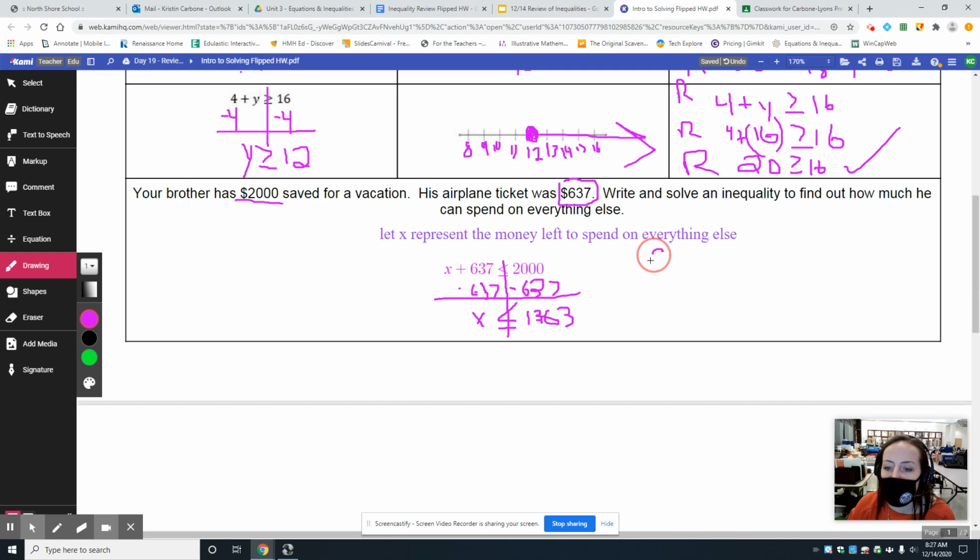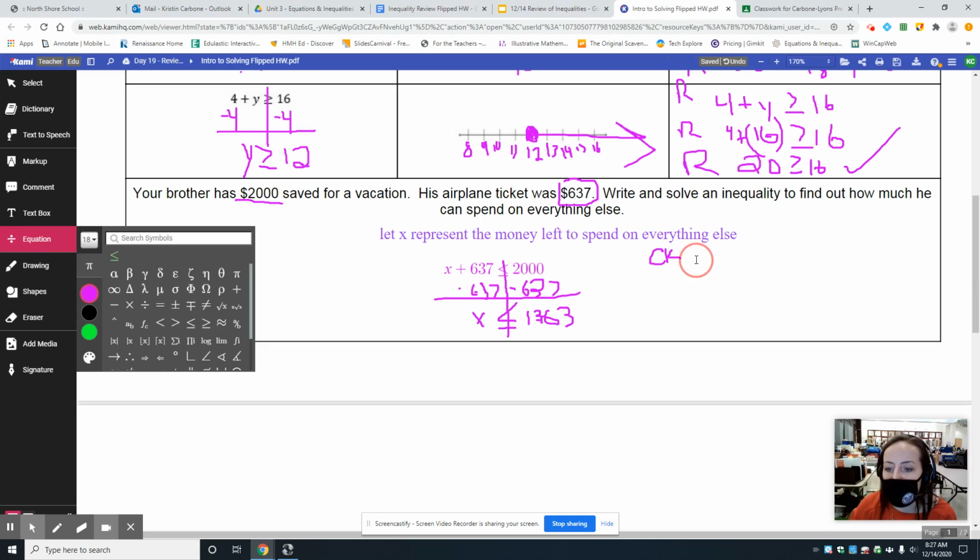So here we are, we're going to do a check. First we rewrite x plus 637 is less than or equal to 2,000. Then we replace, so we have 1,363 plus 637 is less than or equal to 2,000.